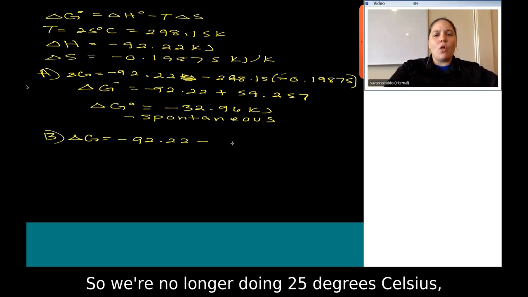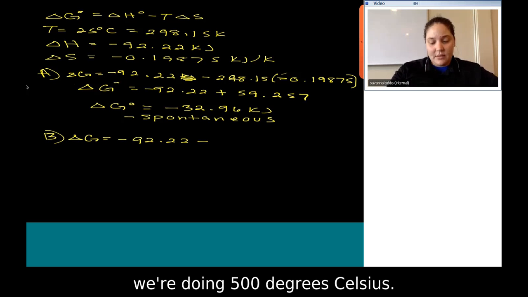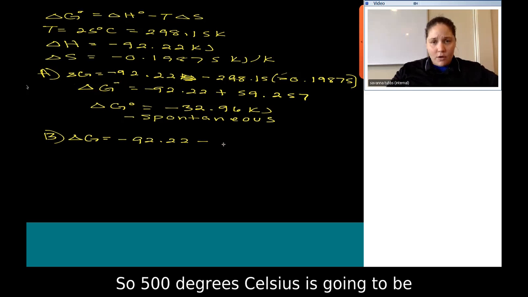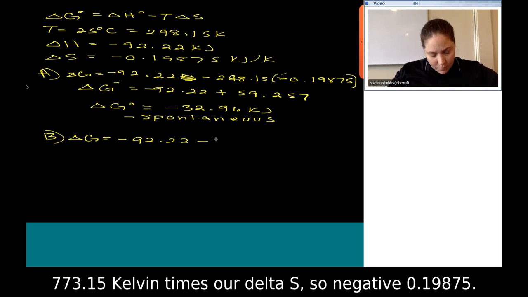So we're no longer doing 25 degrees Celsius, we're doing 500 degrees Celsius. So 500 degrees Celsius is going to be 773.15 Kelvin times our delta S, so negative 0.19875.